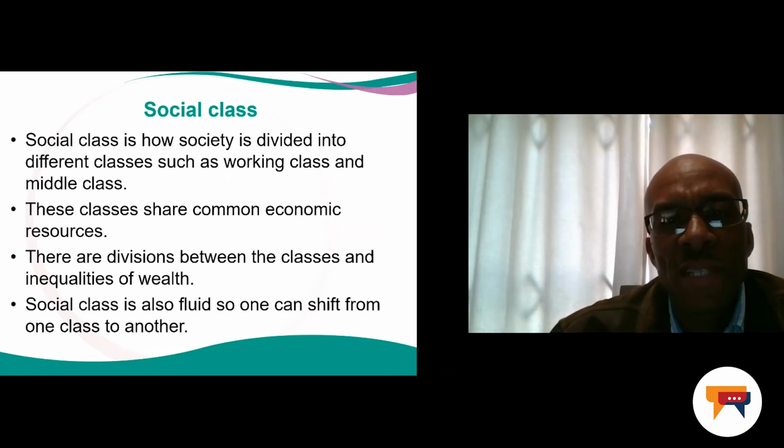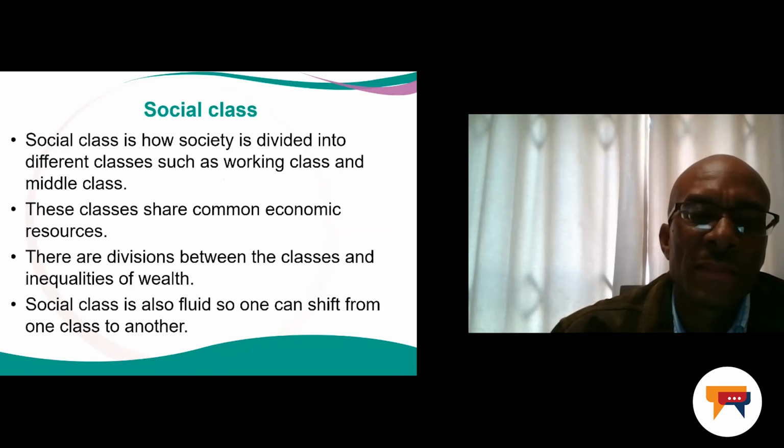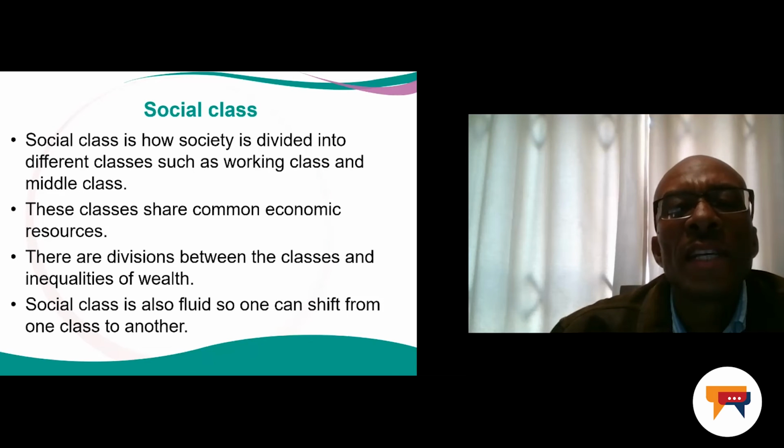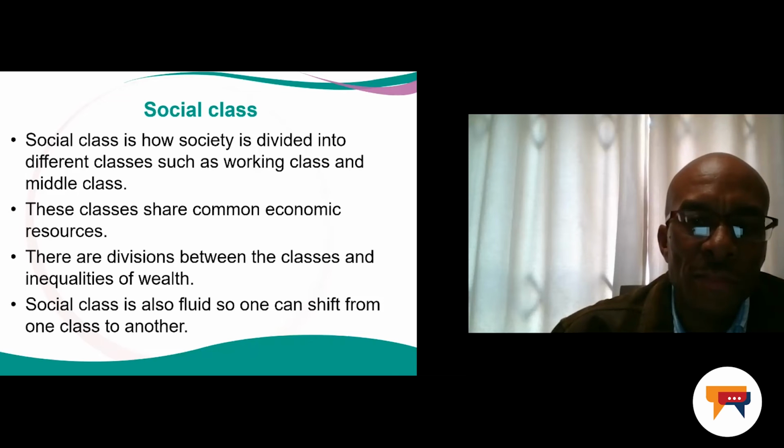The next concept is social class. The concept social class is all about how society is divided into different classes, such as working class, middle class, and the elite class.